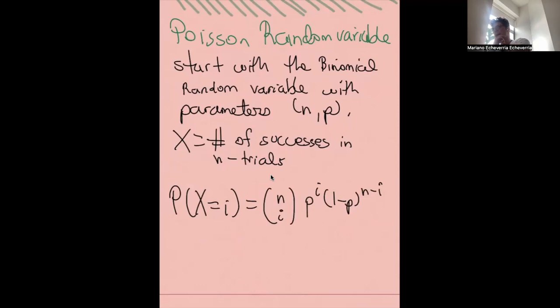Now, in the Poisson, we're going to take a limit of this distribution.